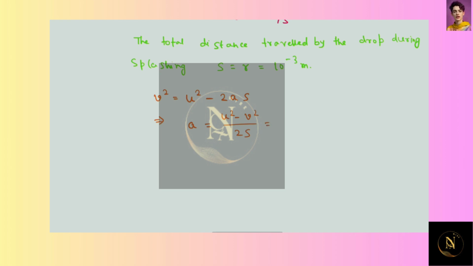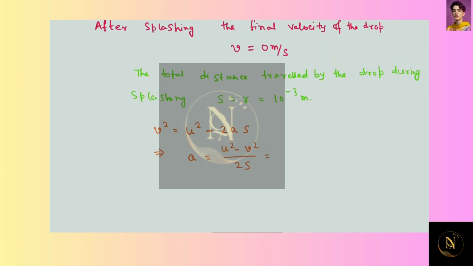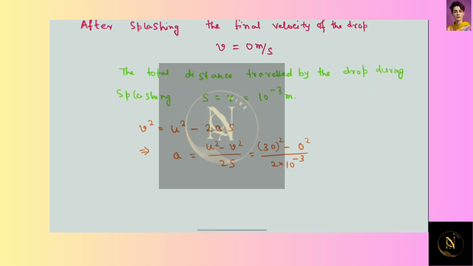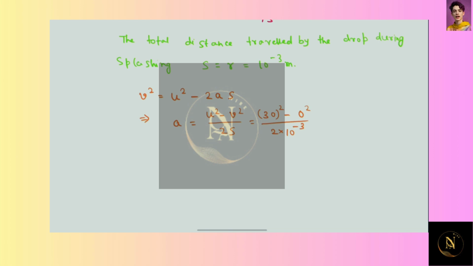If I put the values, u is 30, that square, minus v, that is 0, by 2 into s, which is 10 power minus 3. On simplifying this, we get a equals 4.5 into 10 power 5 meter per second square. So this is the deceleration of the raindrop.